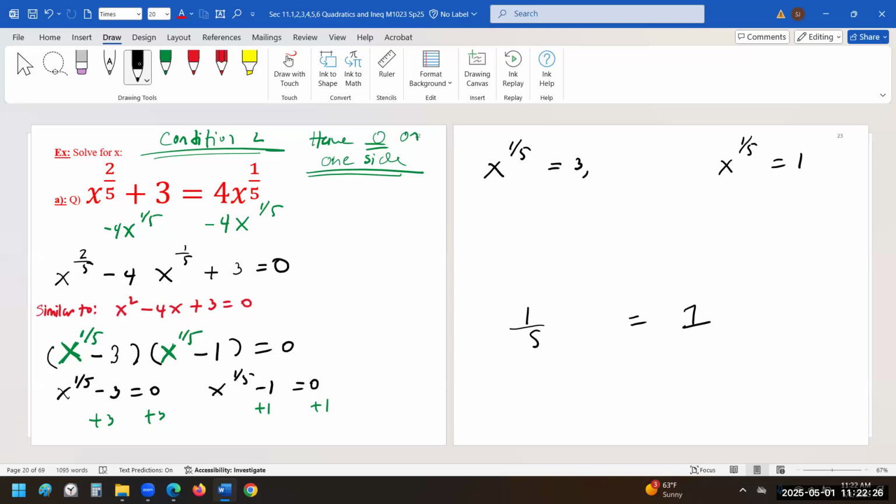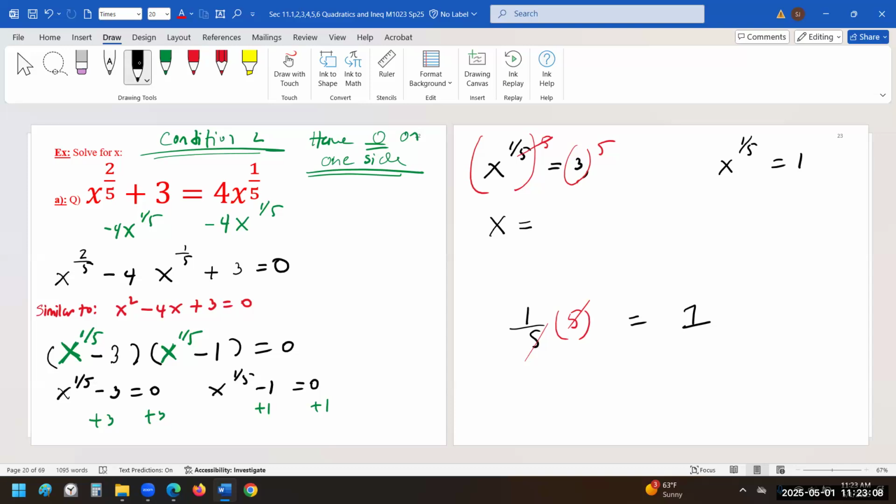What can you do so that 1/5 becomes 1? You can only multiply, but by what? 5. If you multiply by 5, the 5 and 5 denominator cancel out, you get 1. In other words, all you have to do is apply the 5 power on both sides. So 1/5 and 5 will cancel out. We'll have x with 1 power, which is a single x.